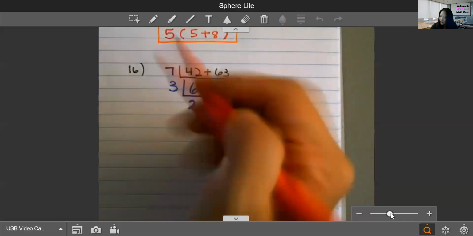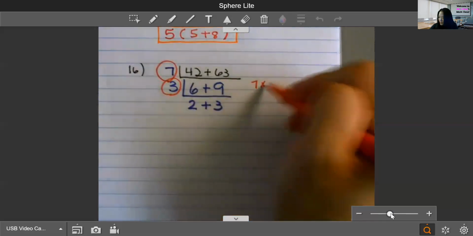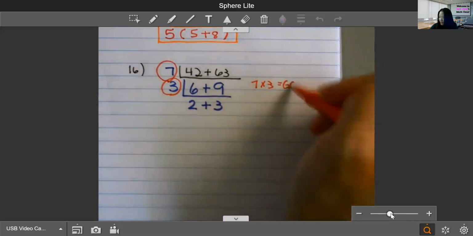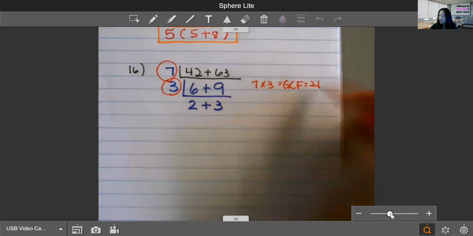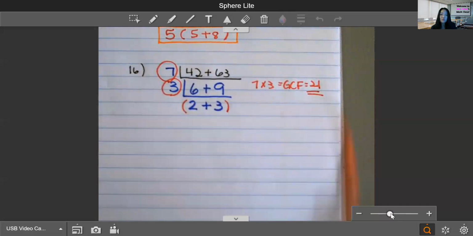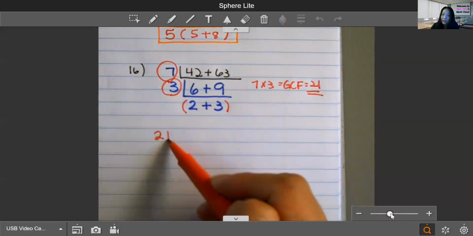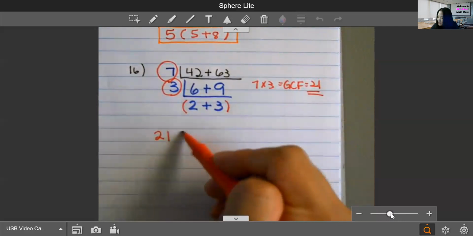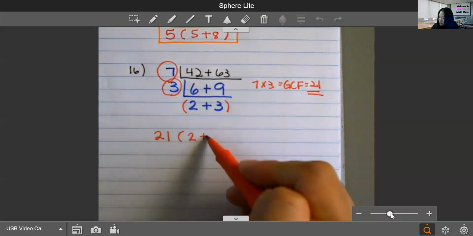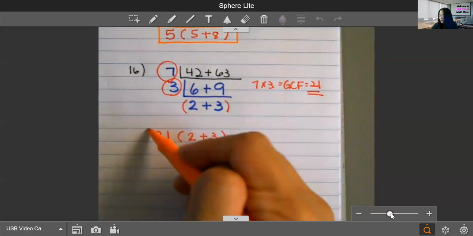So 7 and 3, 7 times 3, my greatest common factor is 21, and my another sum is 2 plus 3. So writing the final answer, I need to write my greatest common factor outside, and then inside the parentheses, I write 2 plus 3, and that's my answer.